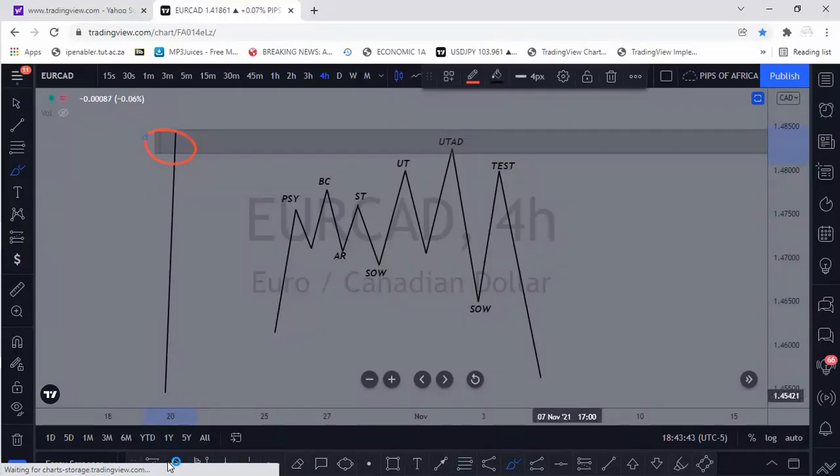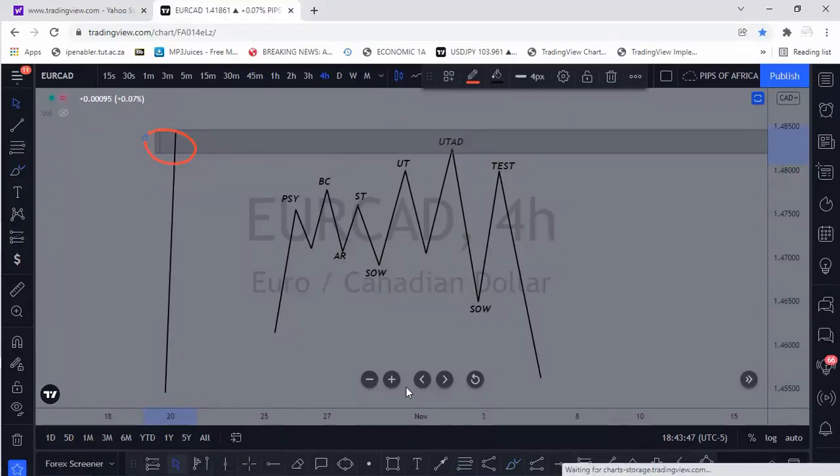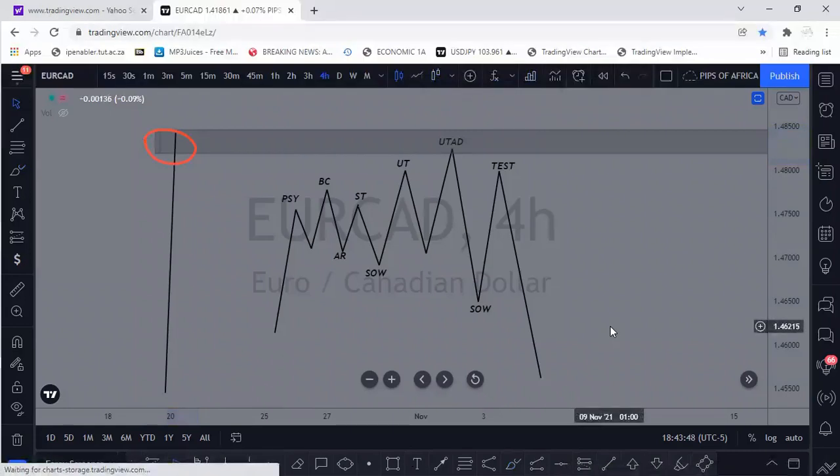So what I know about these things, according to my experience, is that it's only the UTAD that is allowed to tap inside the higher time frame area of interest. Let me repeat that. Only the UTAD is allowed to move and tap inside the higher time frame point of interest, or the higher time frame order block, or the higher time frame supply and demand, right?